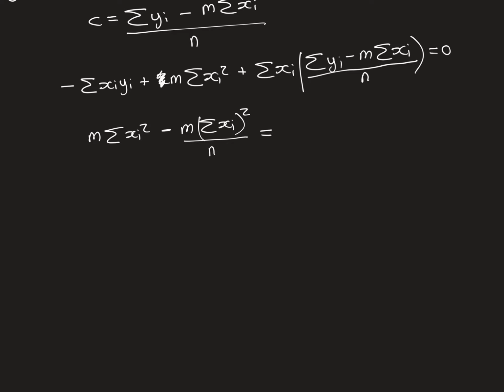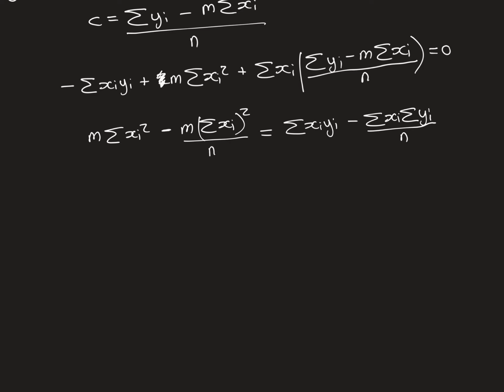And then on this side we have the sum of xi yi, and then we want this thing on this side, so minus the sum of xi times the sum of yi, which again is not the same thing as this, divided by n. So we'll have minus the sum of xi, sum of yi, divided by n.